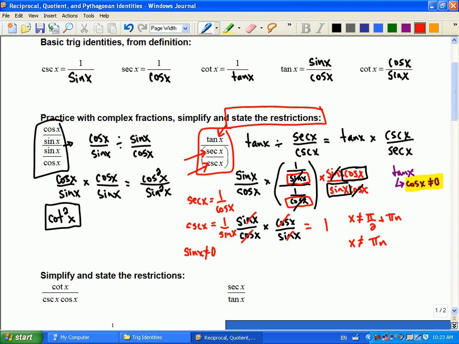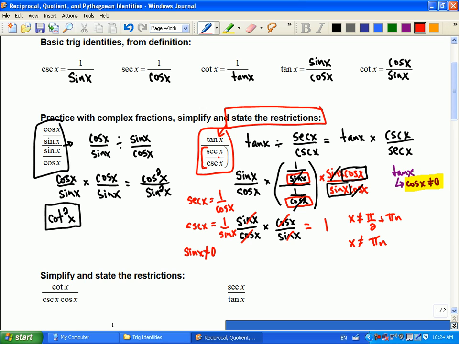Now there is one more problem. Oh my god. So many problems with this question. Does anybody think they know where the last problem is? Secant x over? Yeah. So you have to remember there's another fraction in here.